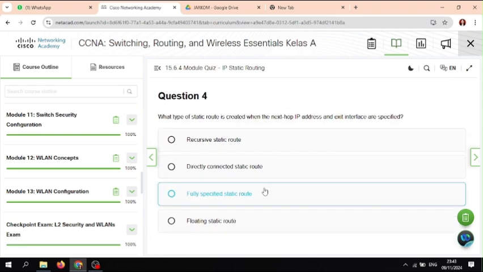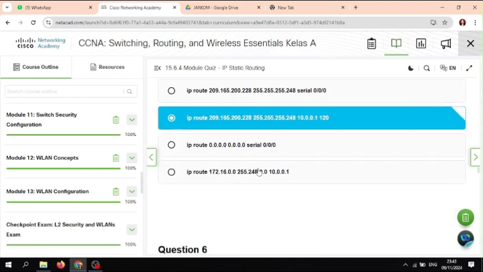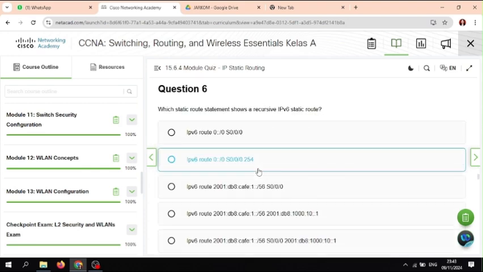Question 4. What type of static route is created when the next hop IP address and exit interface are specified? Fully specified static route. Question 5. What is the correct syntax of a floating static route? Question 6. Which static route statement shows a recursive IPv6 static route?